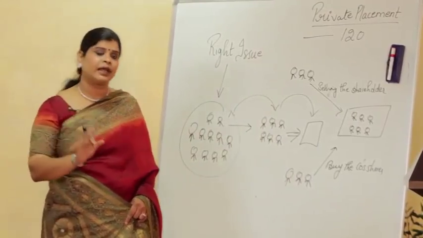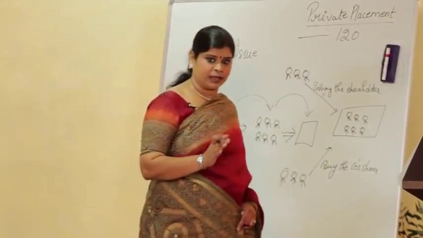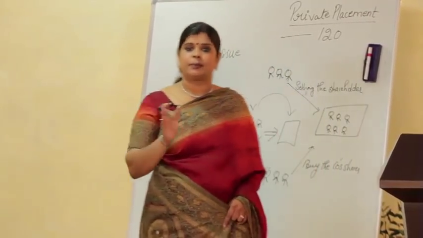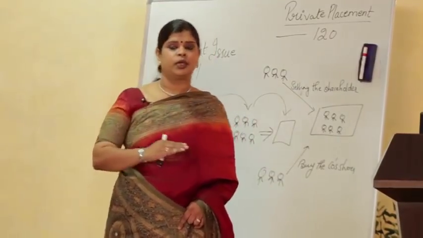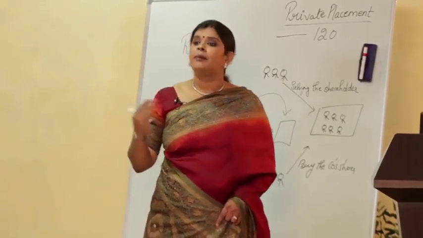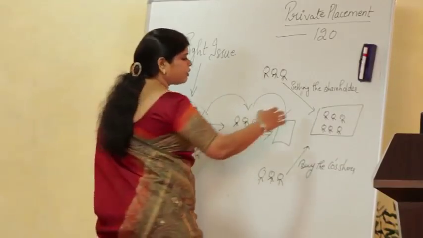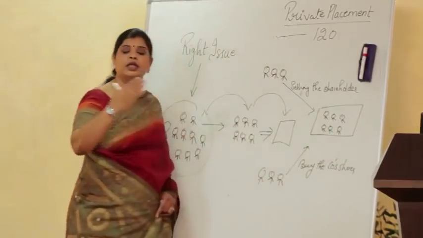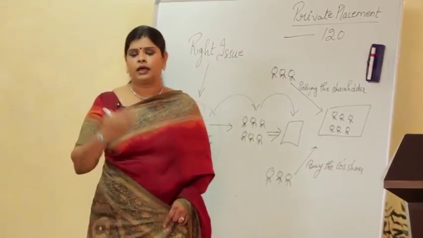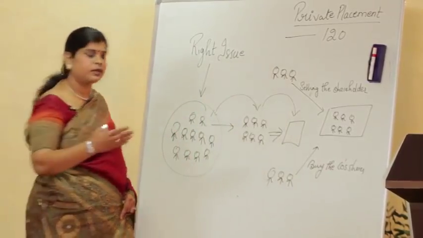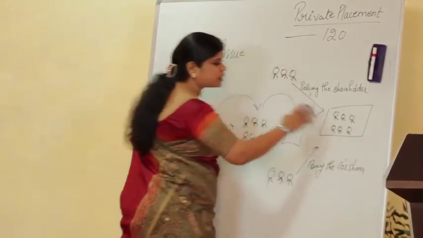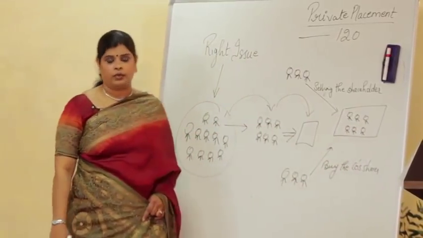I hope you are clear as to what is a primary market and what is a secondary market. In the primary market, the trade happens between the issuer and the investor, right? But in a secondary market, the transaction happens only between two investors, one who would like to sell and the other who would like to buy.